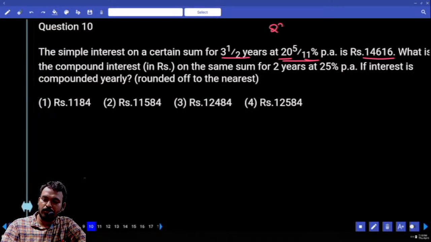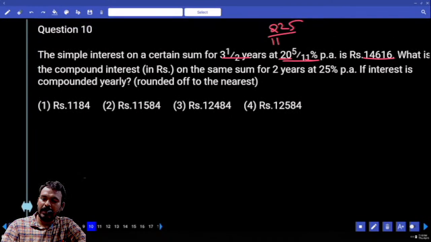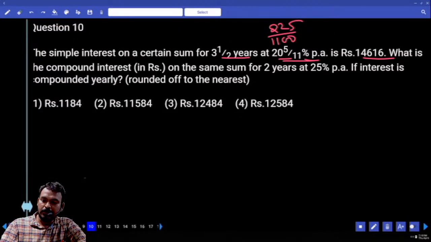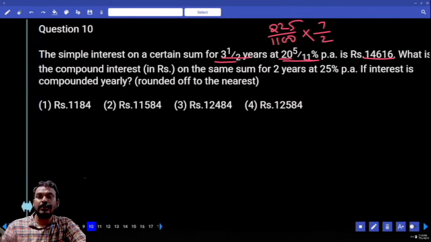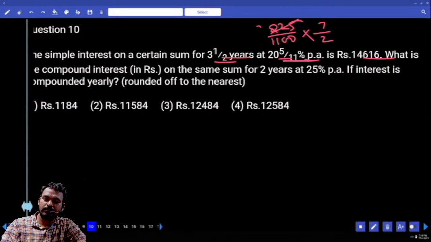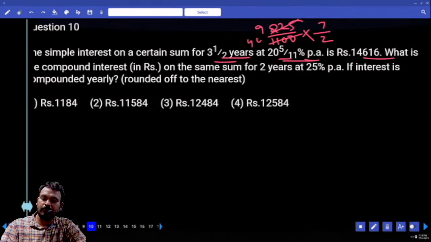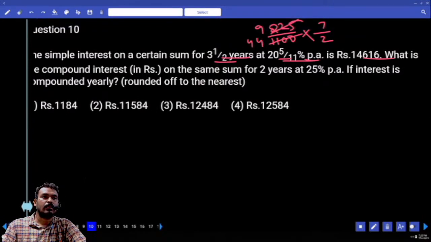This I wrote as 225 by 1100, into how many years are given? 3.5 years, that is 7 by 2. 25 how many times? 9 times. 25 how many times? 4 times, again 4 times.